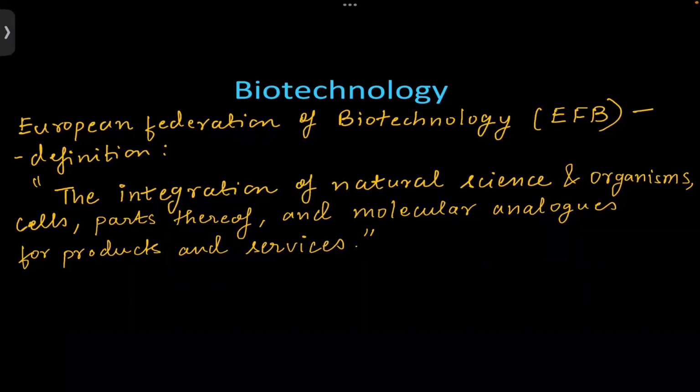What they mean is everything available in nature, like organisms, plants, animals, even microbes, viruses, and individual cells from these, as well as parts of cells like the nucleus, mitochondria, or any particular protein or cytoskeletal element, as well as molecular analogs, meaning DNA, RNA, carbohydrates, proteins, lipids, etc. When you integrate these things in such a way as to produce products and services, obviously for the well-being of humans, that kind of utilization through techniques of biotechnology is what is said in this definition.